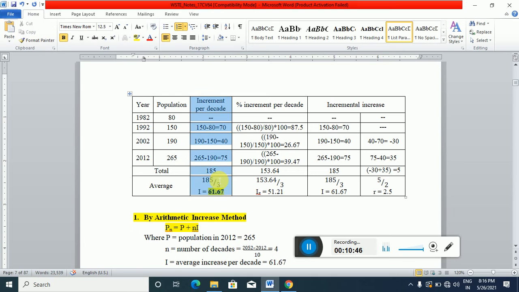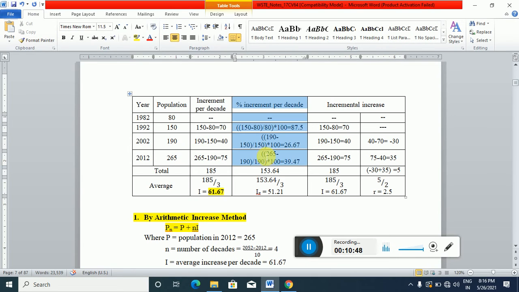So forget this and concentrate on this column, which represents the geometrical increase method. To calculate the geometrical increase per decade, 150 minus 80, divided by 80 into 100, gives 87.5, the incremental increase per decade.